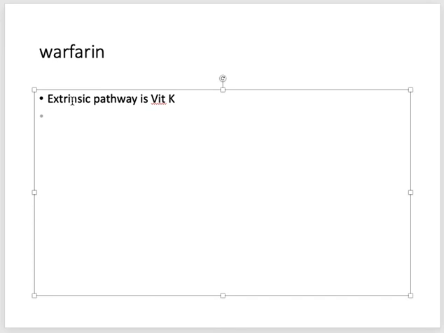And what is the function of warfarin, by the way, guys? What is the function of warfarin? Basically, you can say vitamin K. Very easy to remember. Vitamin K is converted to activated vitamin K by which enzyme?